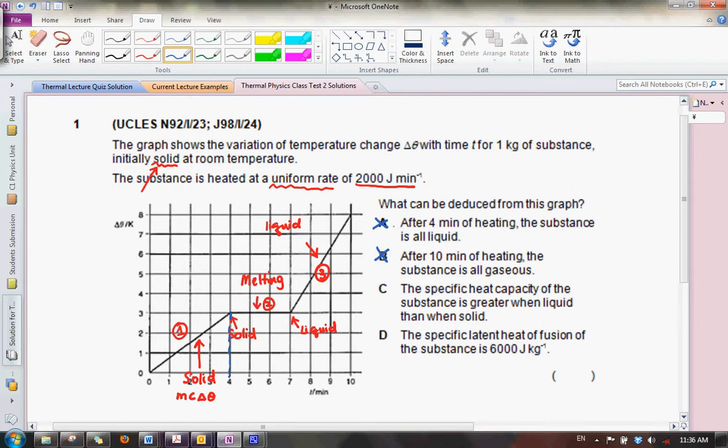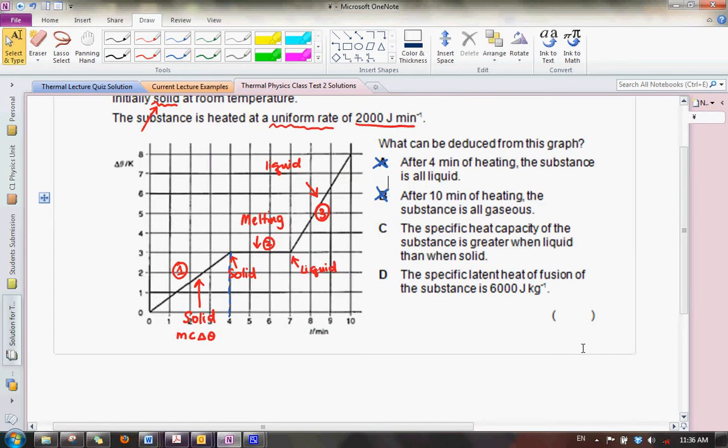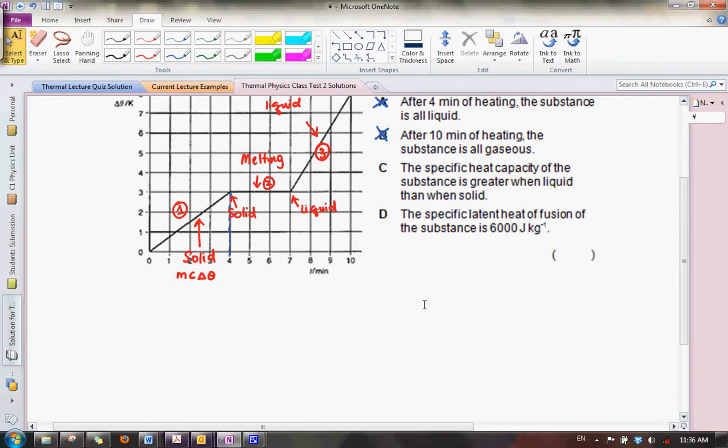The specific heat capacity of the substance is greater when liquid than when solid. To look at this, we need to compare the two regions, region 1 and region 2. So let us look at the specific heat capacity when it is in liquid phase, and see how we can get specific heat capacity.